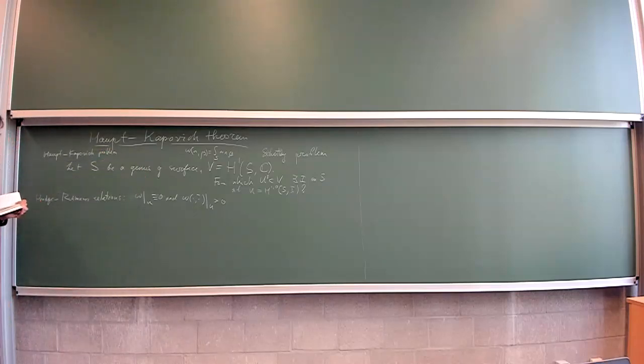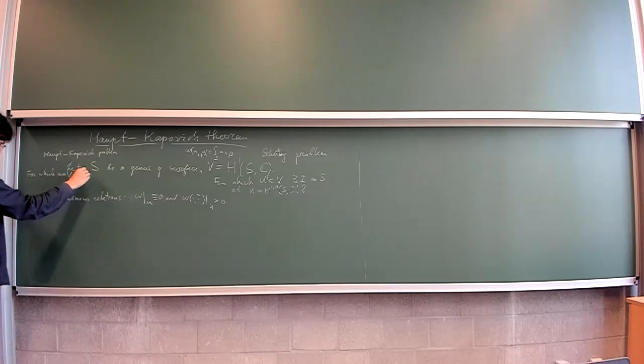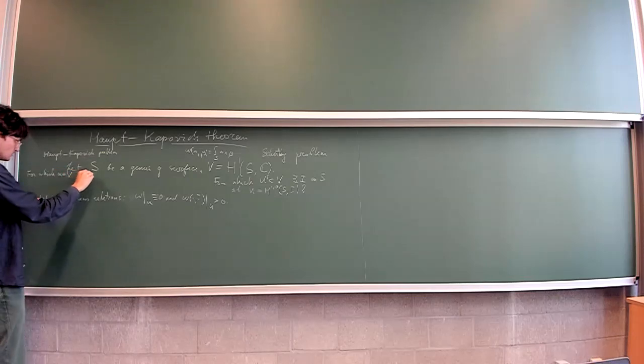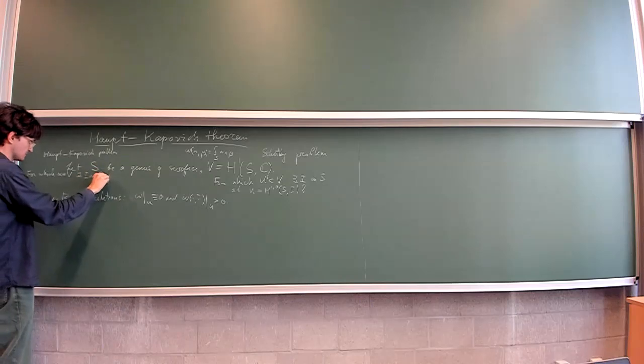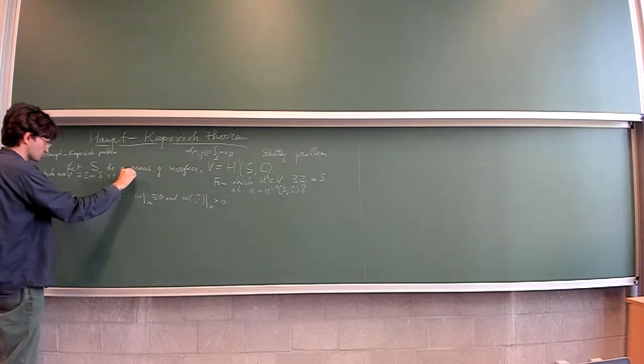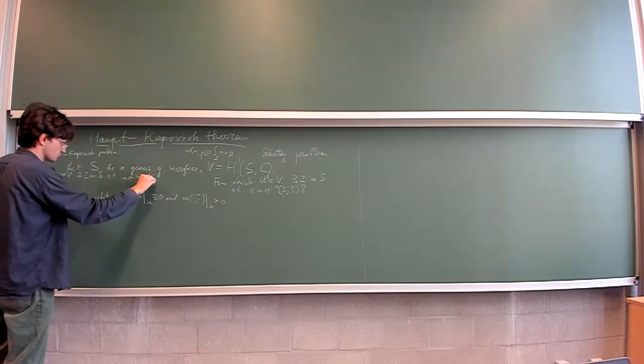Which is very similar to the Schottky problem in this exact formulation, namely: for which alpha does there exist a complex structure on S such that alpha belongs to H^{1,0}?